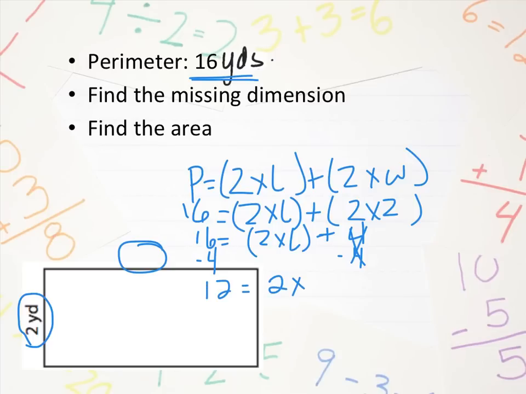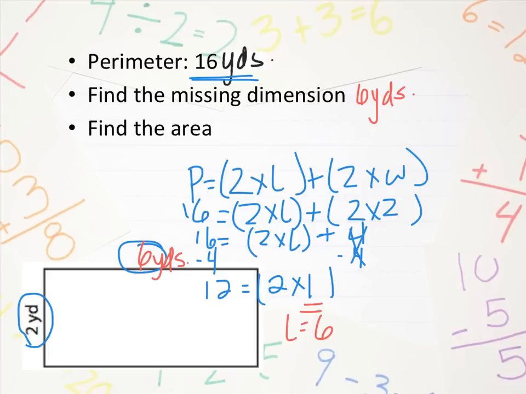So 2 times the length is going to equal 12. 2 times what is 12? Using my multiplication knowledge, I know that the length has to be 6. Since it's a measurement, I have to label it, and we're talking about yards, so my missing dimension is 6 yards.